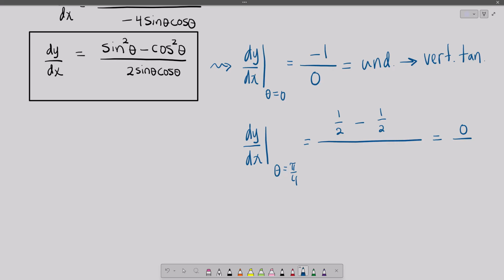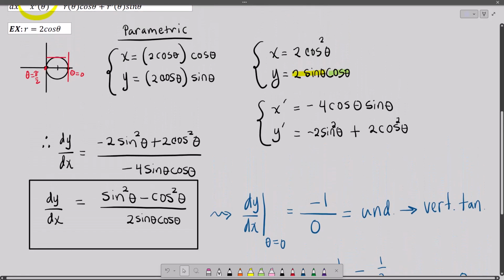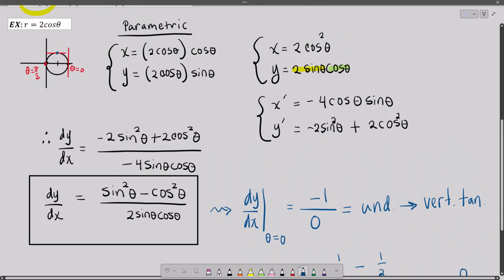The denominator is not 0 though. 1 over root 2 here, 1 over root 2 there, so these two multiply together to 1/2, and then 1/2 times 2 is going to be 1. So this is going to be 0 over 1, which is 0. That corresponds to a horizontal tangent. So sure enough, this point right here is in fact plotted when theta is pi over 4.